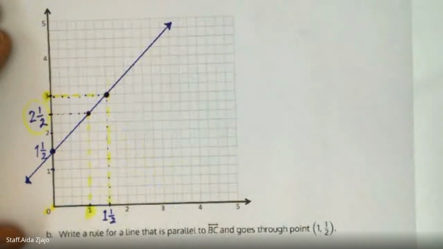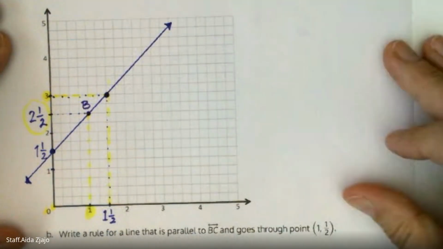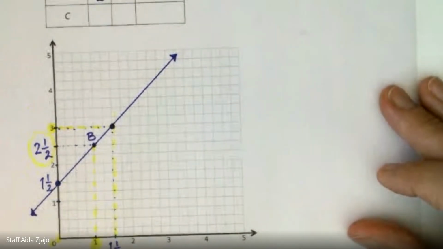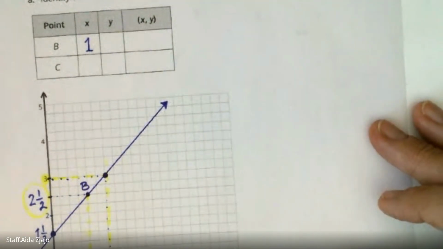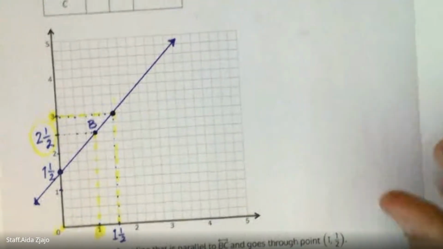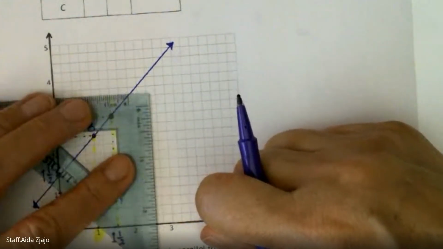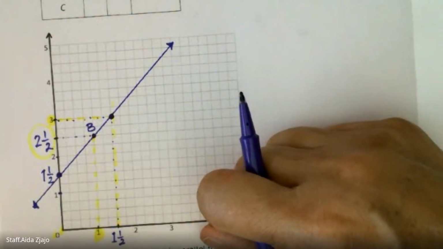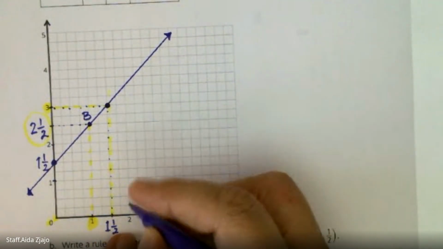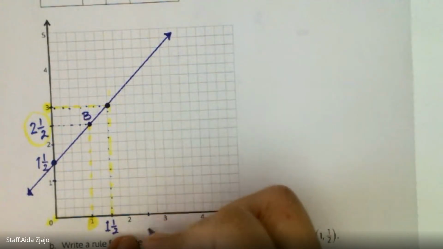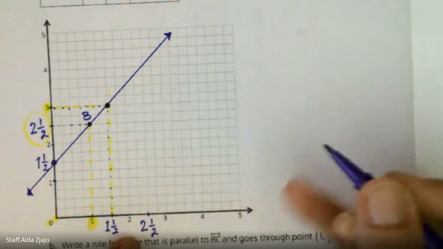And I found point B, if this is B. Okay, now if I go to find C, I can pick any values. Let's do 2.5 to be x. 2 and 1/2 x.